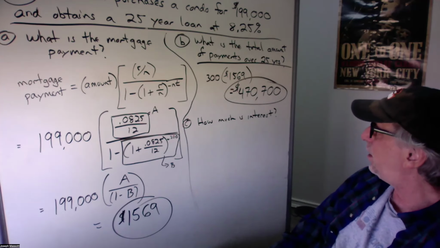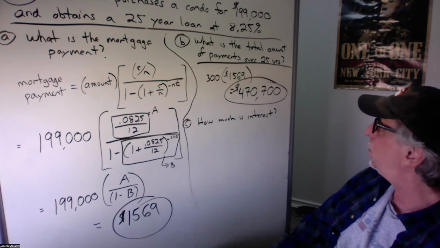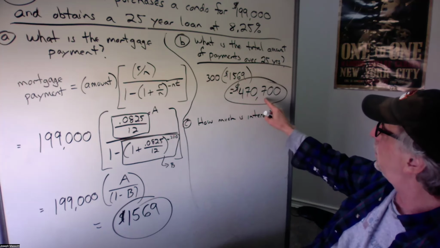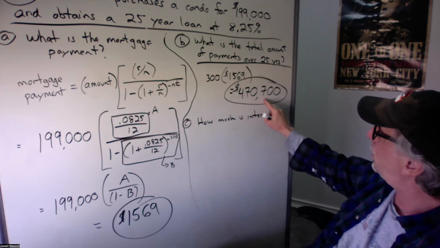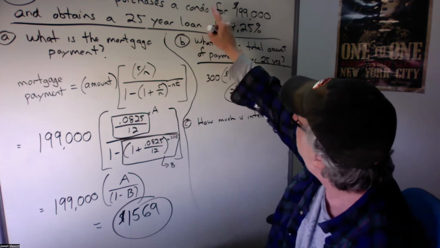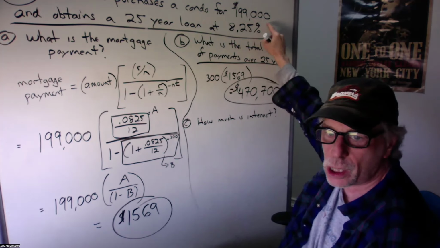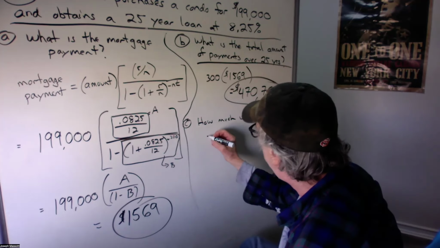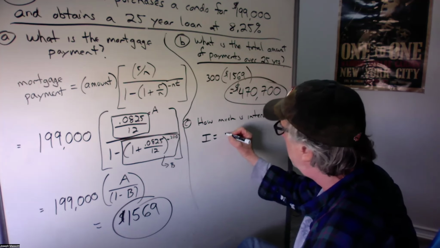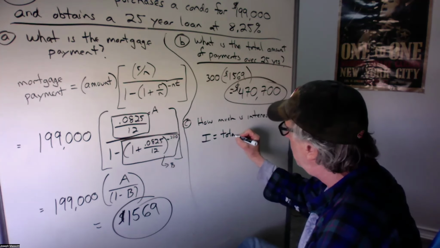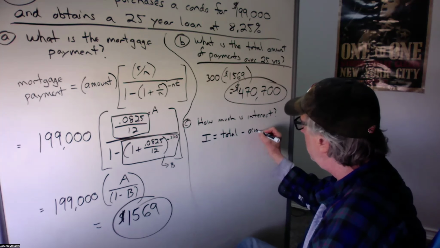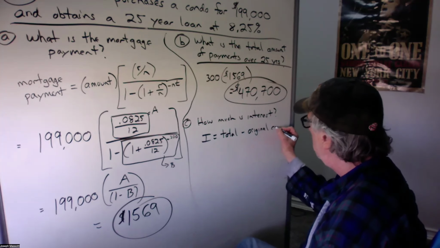So now we say, well, how much money did we just throw out the window? Well, that's going to be the difference between the total amount you paid and the original cost, right? So how much is the interest? The interest is going to be the total amount minus the original cost.